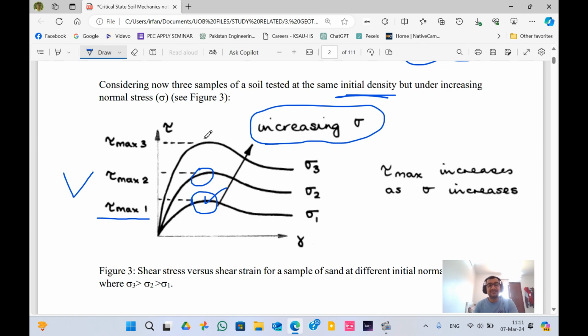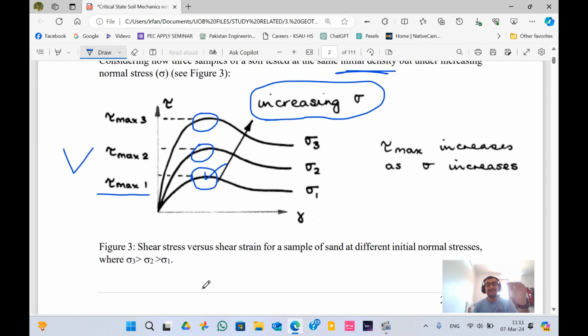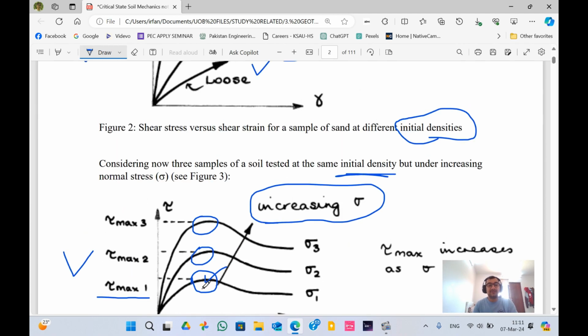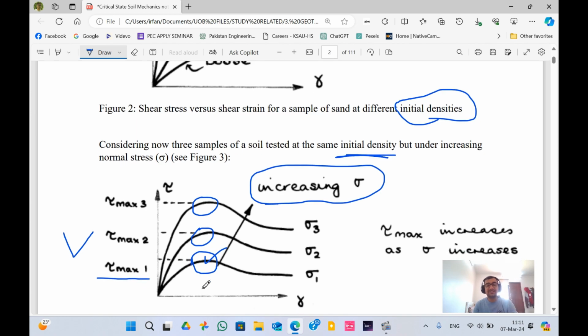The third sample of the soil reaches here in the graph. This means that if you keep on increasing the shear stress, the soil will reach the ultimate strain at different shear stresses.